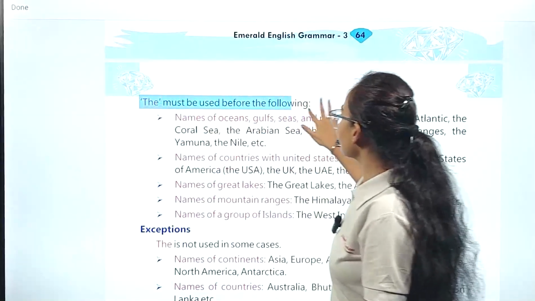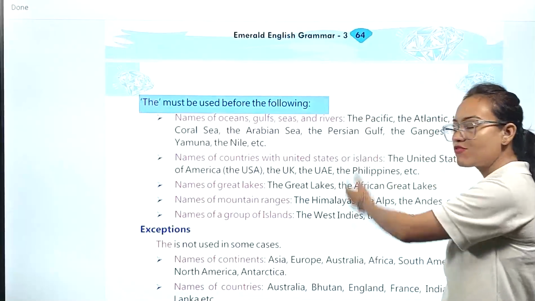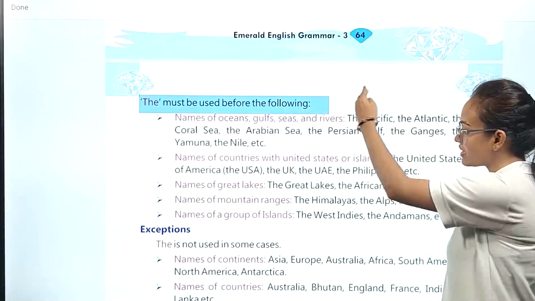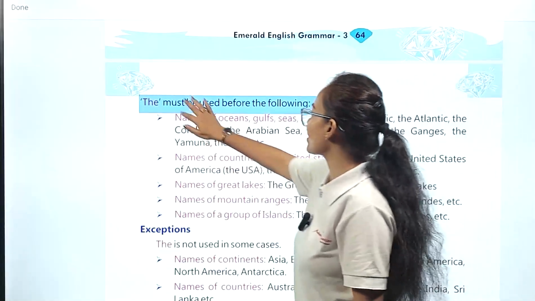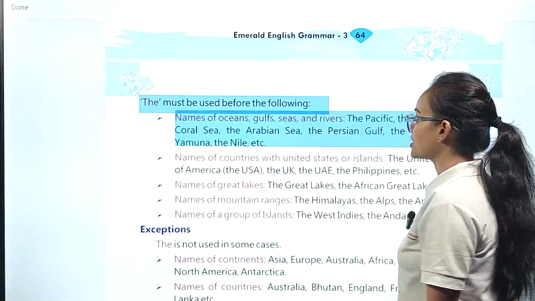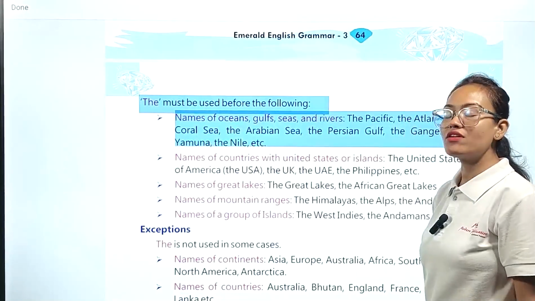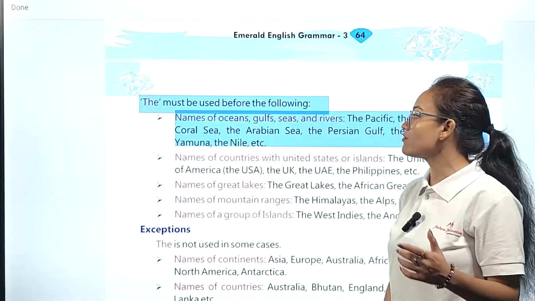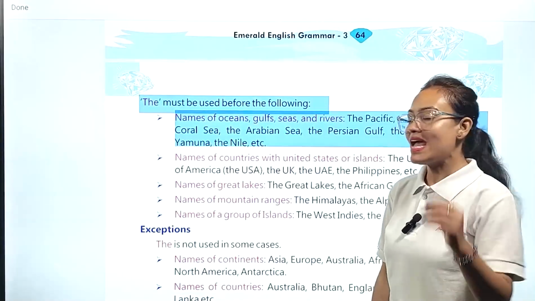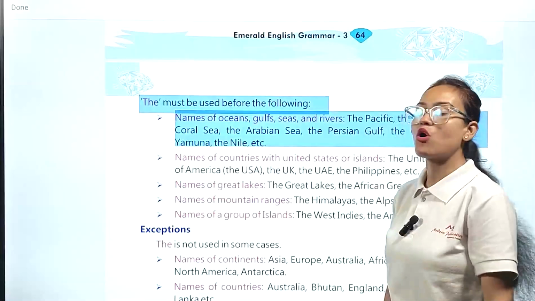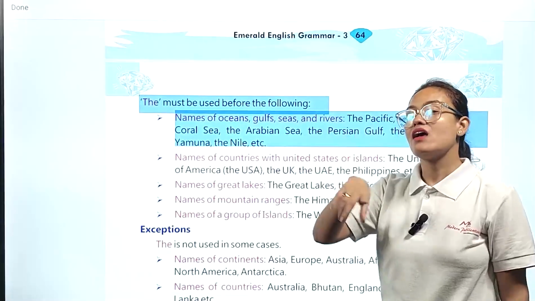The must be used before the following. Apart from them, we also use the in the following cases. Example, you can see names of oceans, gulfs, seas and rivers. Whenever we are going to call any ocean name, any gulf name, any sea name or river name, we add the article with them.